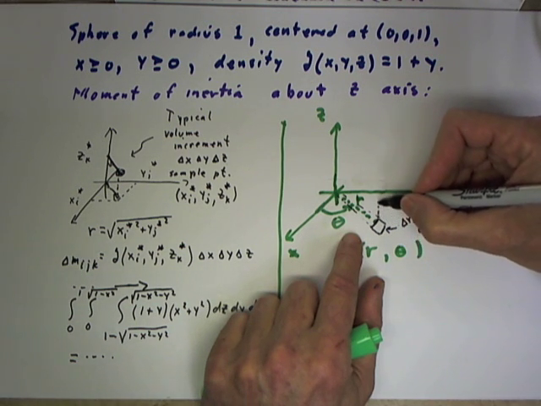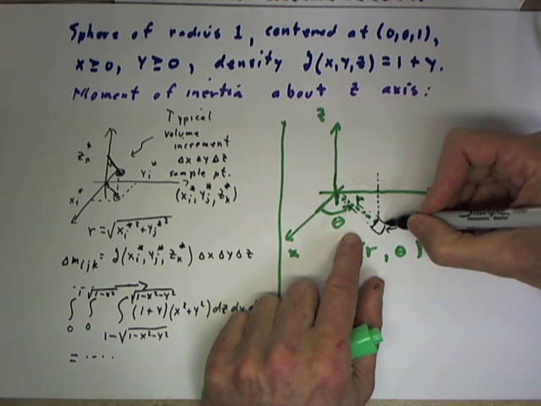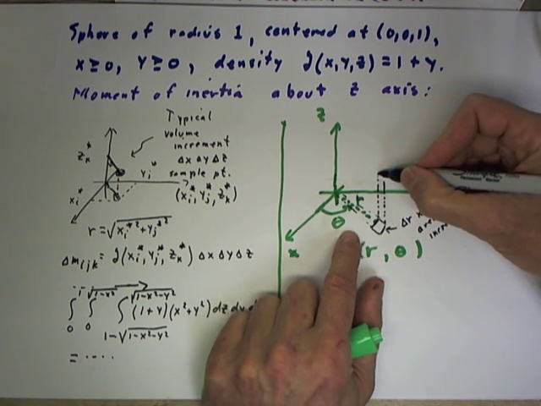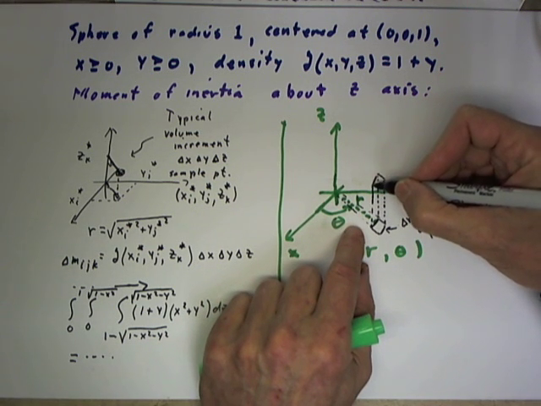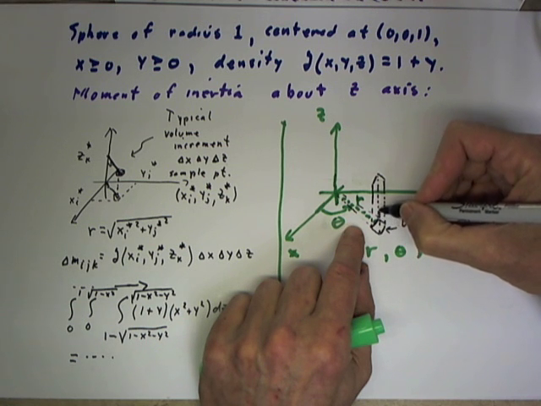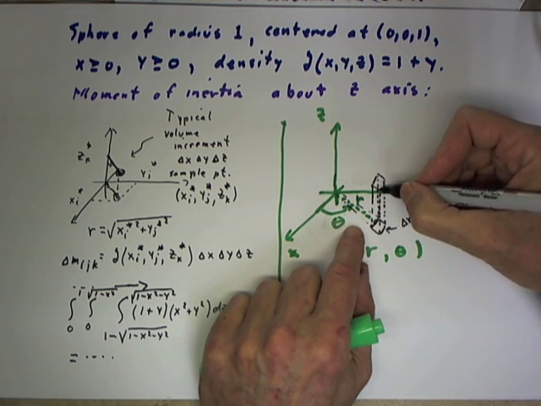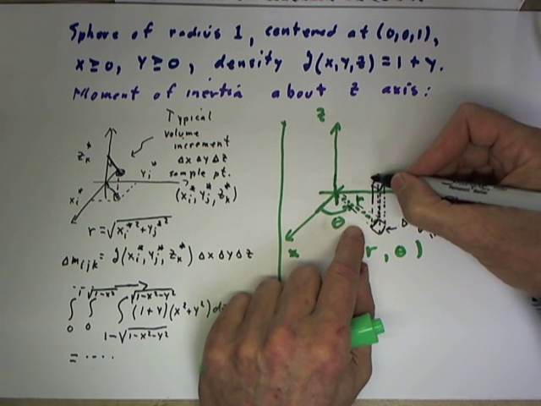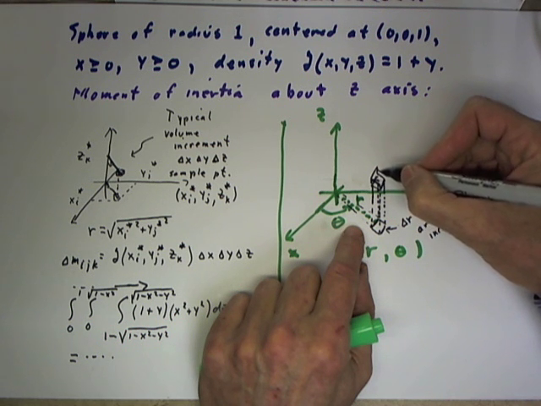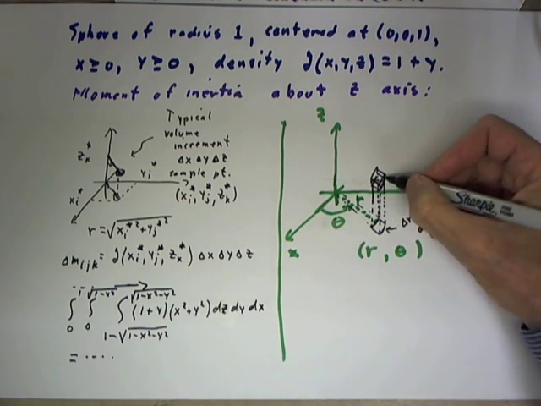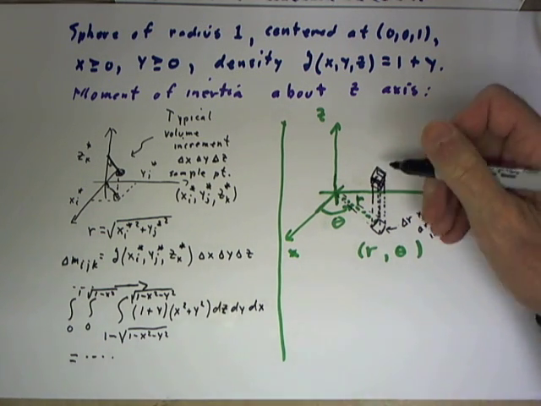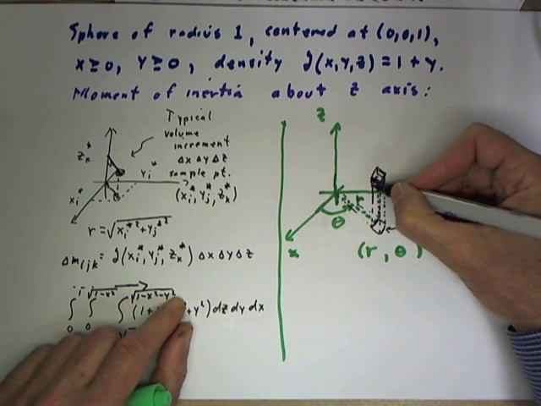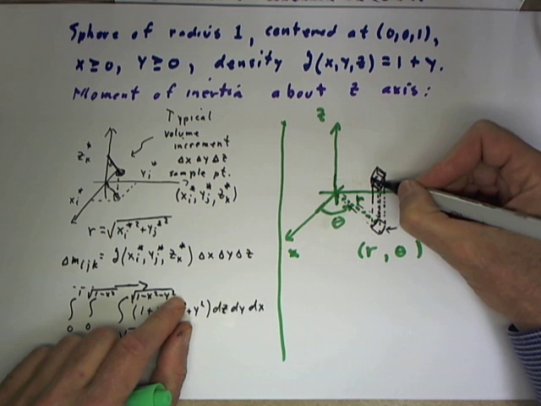And above that we have a volume increment, and the volume increment is characterized also by a delta z. Not particularly well drawn, but we get the idea.